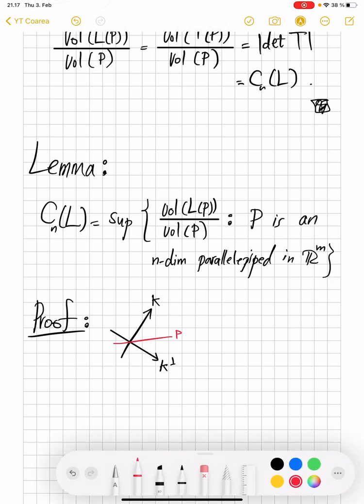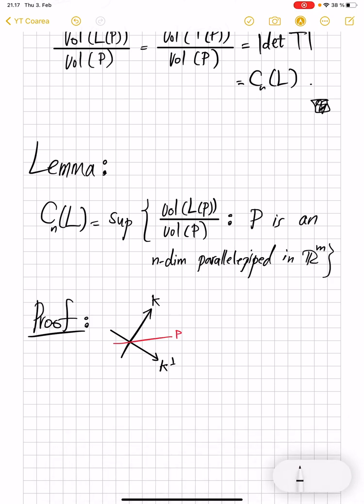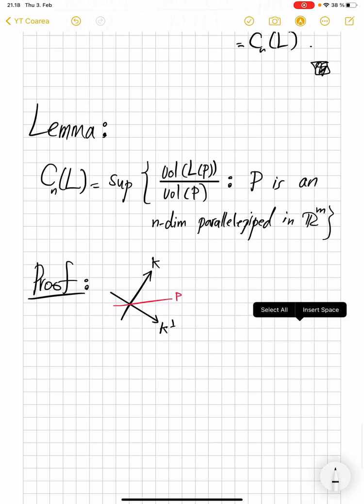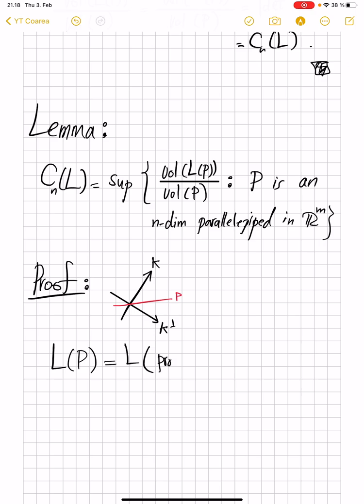And the proof is based on the fact that L of P is just L of the projection onto K complement of P. That is because of the picture I showed you before. If you have x here and this is the projection of x, then L of x is just L of the projection.